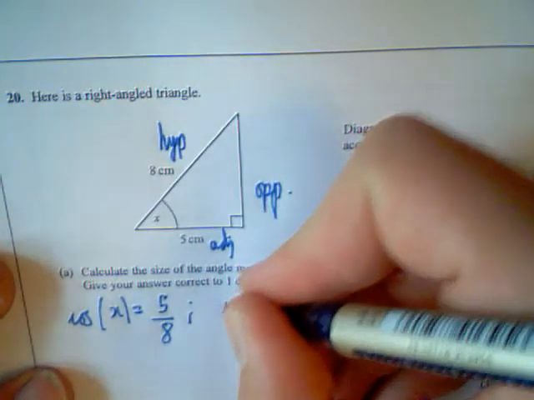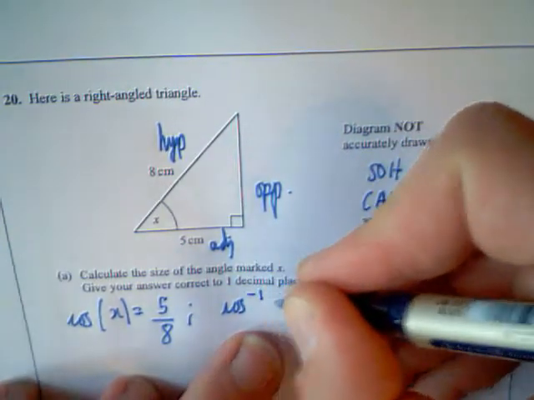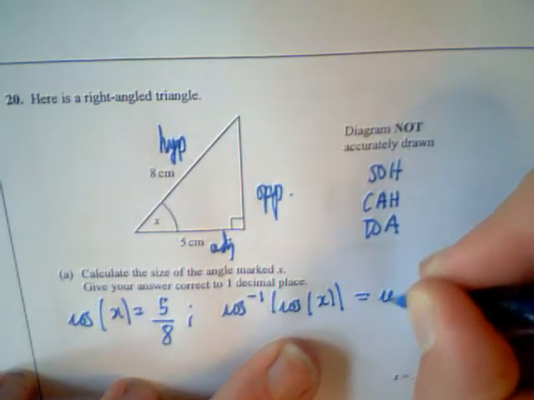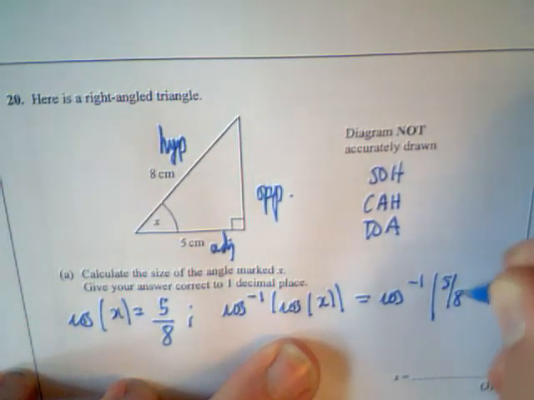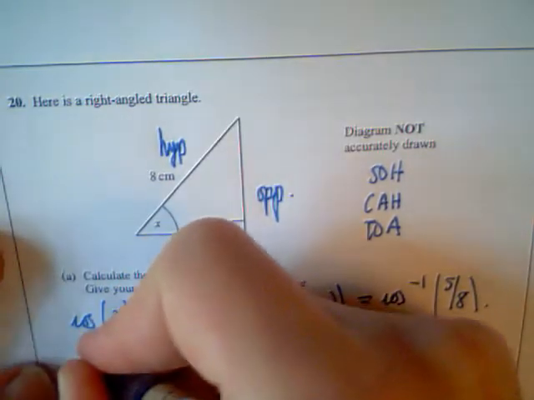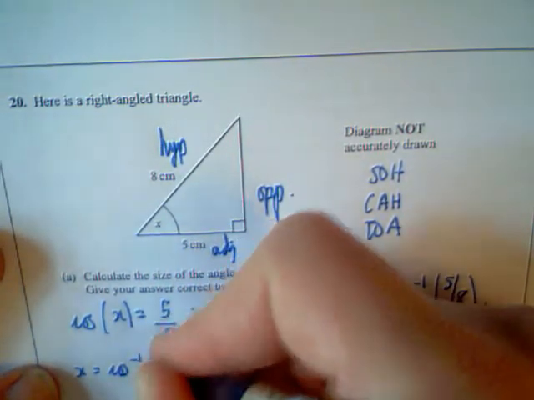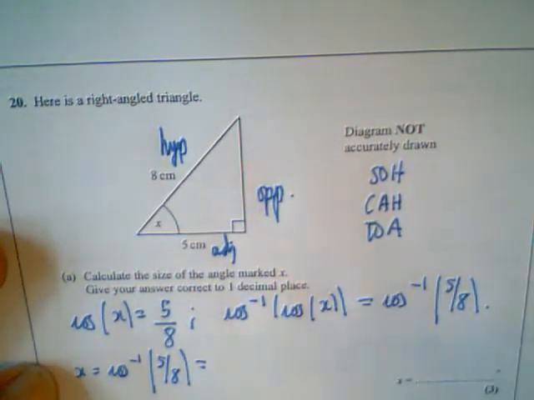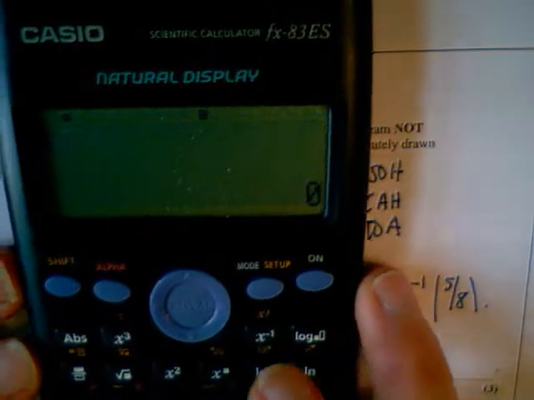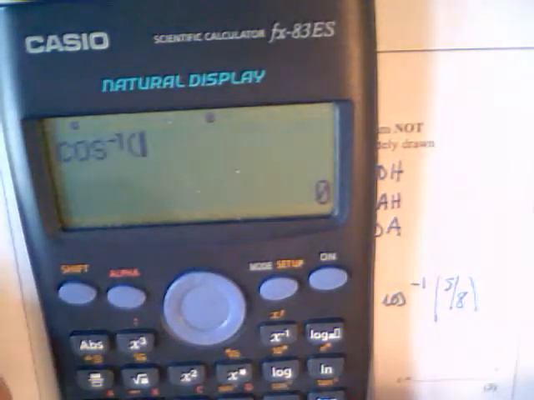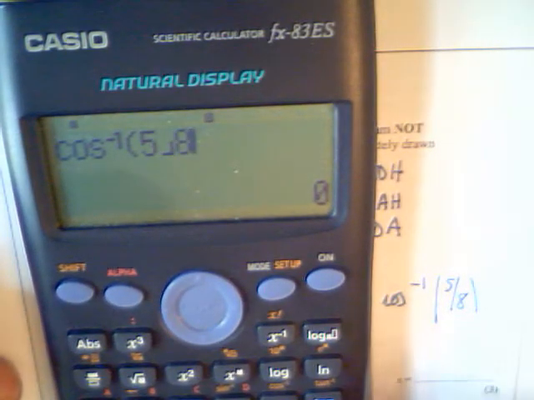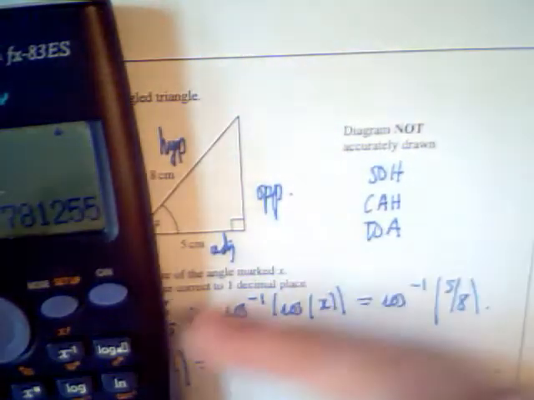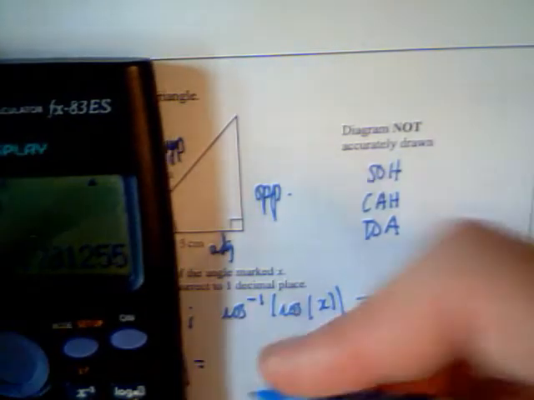So X equals cos to the minus 1 of 5/8, which is then equal to, put it in our calculator, make sure it's in degree mode, cos to the minus 1 of 5/8 equals 51.32, and we're asked to give it to 1 decimal place, so 51.3.